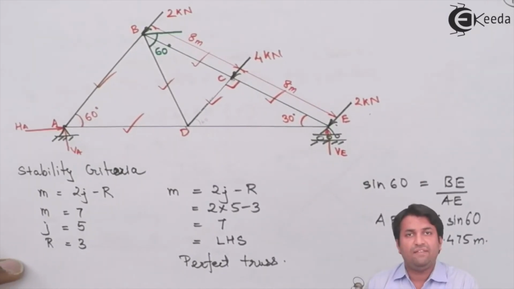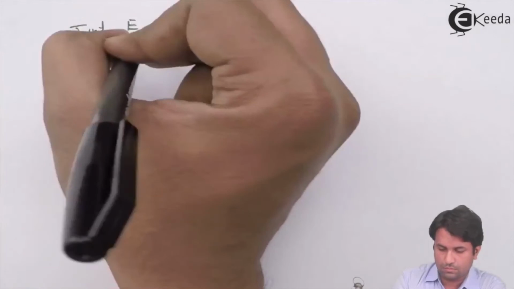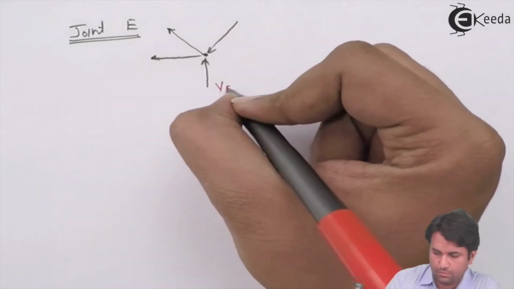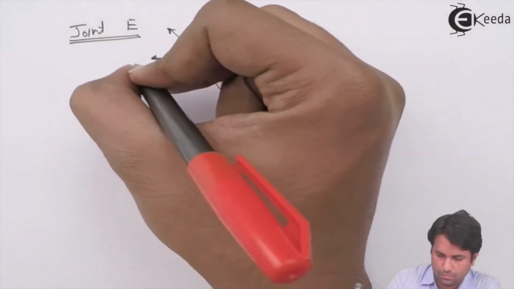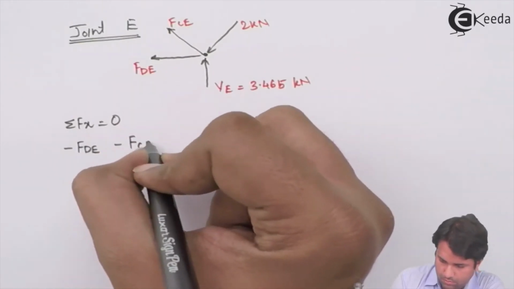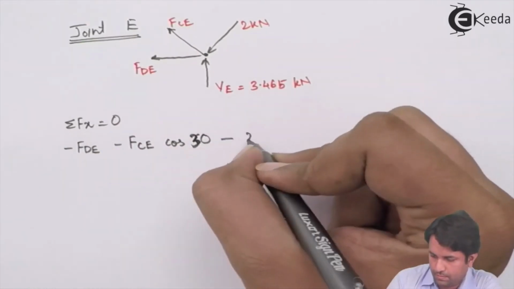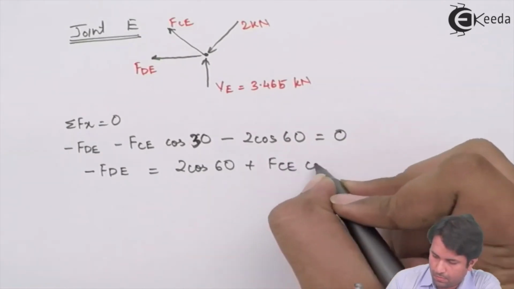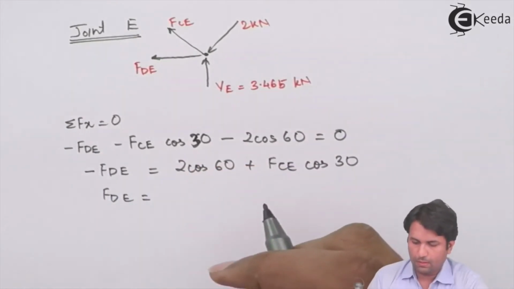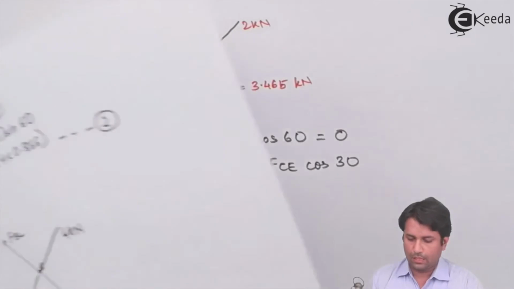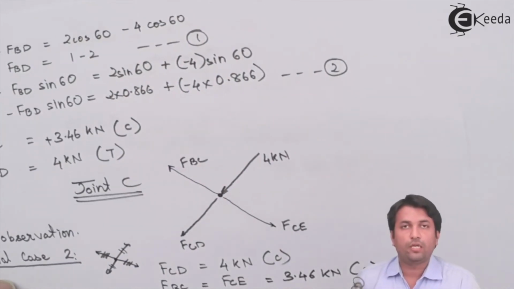So I will take joint E. We have already calculated the force in member CE, and that was 3.46 kilonewton compressive force.